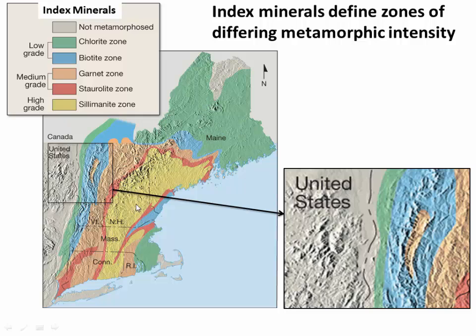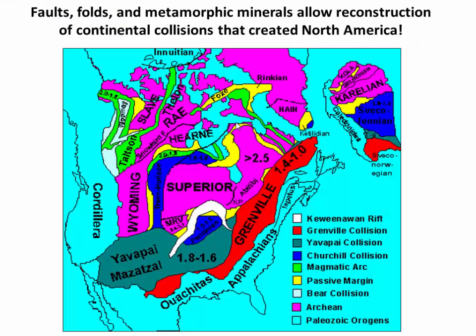But as we come down into New Hampshire, we see this is the sillimanite zone. Very high grade rocks that were obviously buried deeply and then brought to the surface. So we know that there's been a lot more thrusting and exhumation of rocks in this region than there has been in Maine. So that's how index minerals can be used.